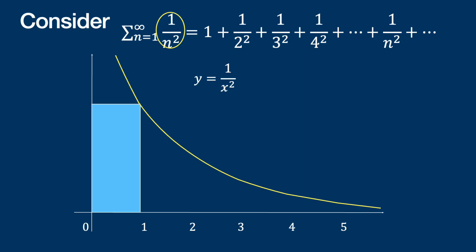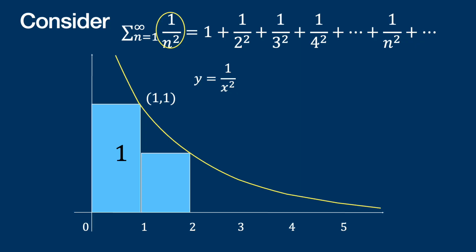This is the height. So I want to draw the rectangle under the curve. Then find the area of the rectangle, guys. So first, we want to find the area of this rectangle. The x value is 1, the y value is 1 when you plug in here. Height is going to be 1, base is going to be 1, area is going to be 1. That's we have 1 there.